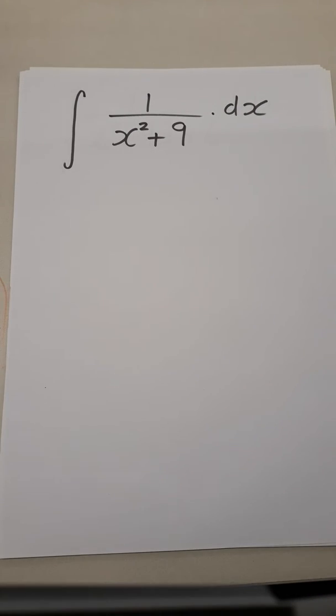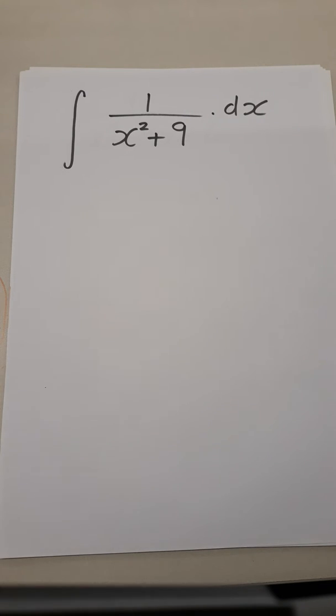What about this one? It's not a perfect square. Looks close, but it's not a perfect square. The numerator is not the derivative of the denominator, so we've got something else happening here. What do we have?